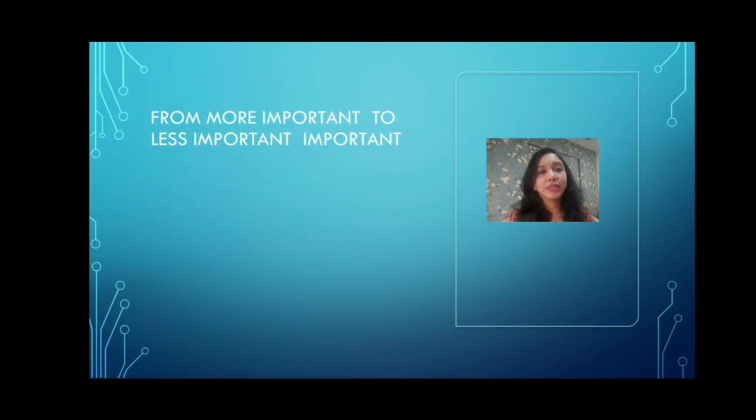Now let's go to the third statement, from more important to less important. Needless to say, this has been very well taught in graduation. So what is that? It's nothing but you need to understand the embryological, embryonic terms. If you understand this, given a complex case, you will get to know which will happen first.